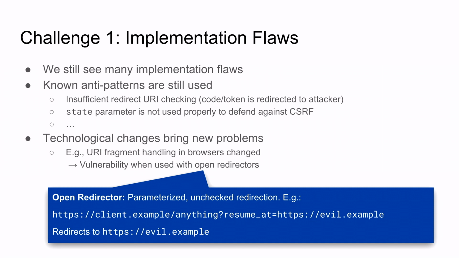So say, for example, you have a URI like this, client.example/anything, and then a parameter resume at, and then you can provide some URI. And if you call that URI, then it will send you a location redirect header to that URI. So how can that be exploited? Well, let's look at an example again.